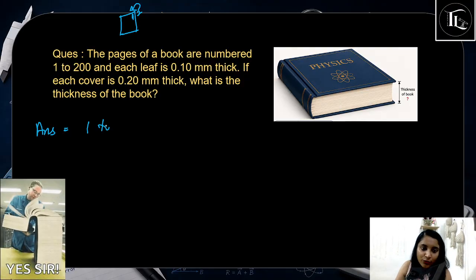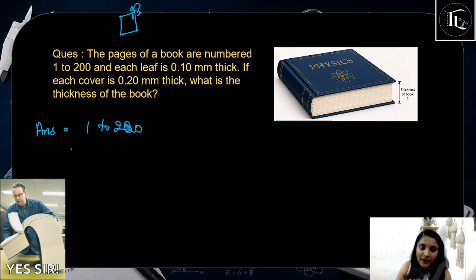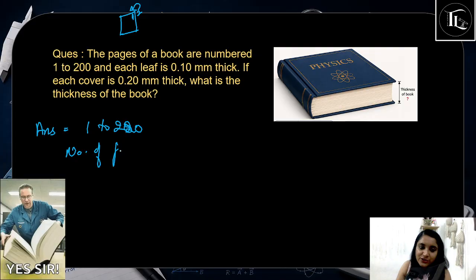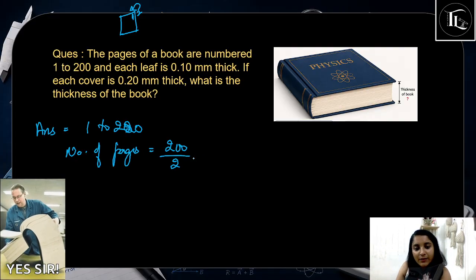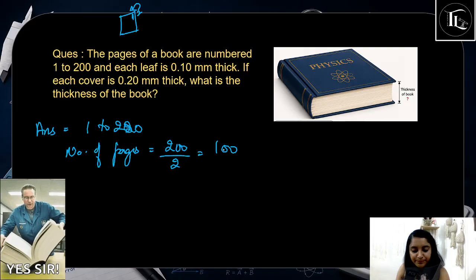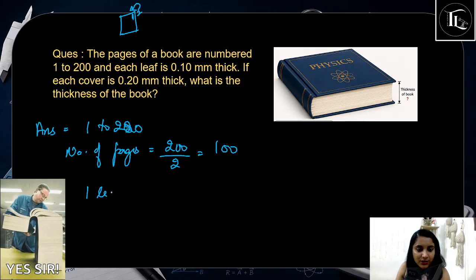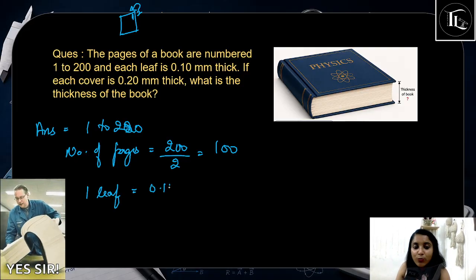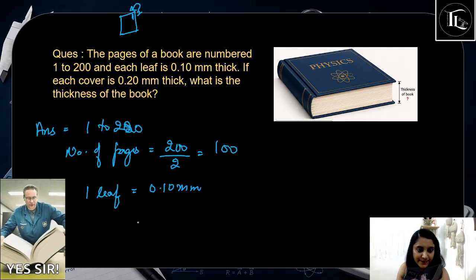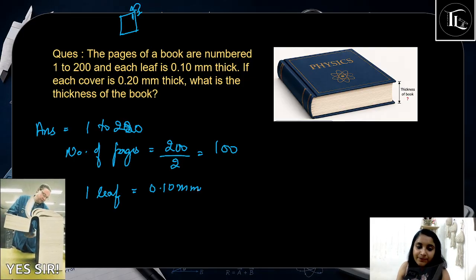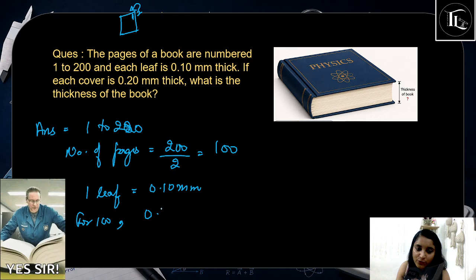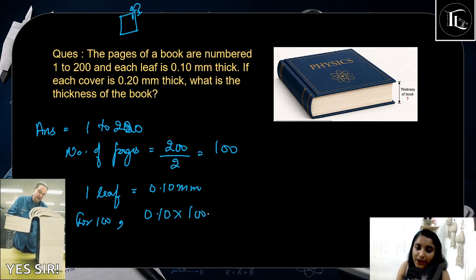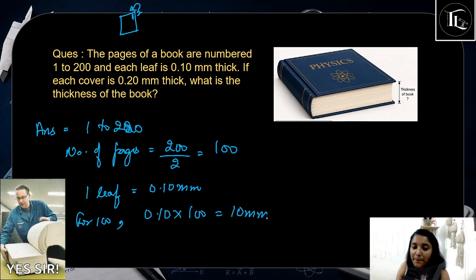So 1 to 200, how many pages are there? It will be 100. And one leaf is 0.10 millimeters, so for 100, it would be 0.10 multiplied by 100, that is 10 millimeters.